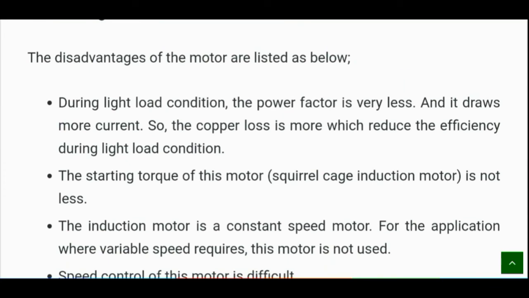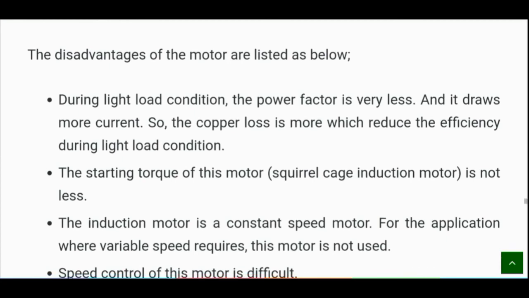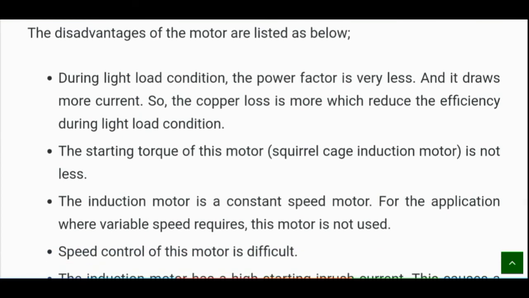So what are the disadvantages? The disadvantages of the motor are listed below. During light load condition, the power factor is very low and it draws more current. So the copper loss is more, which reduces the efficiency during light load condition. The starting torque of the squirrel cage induction motor is not high.